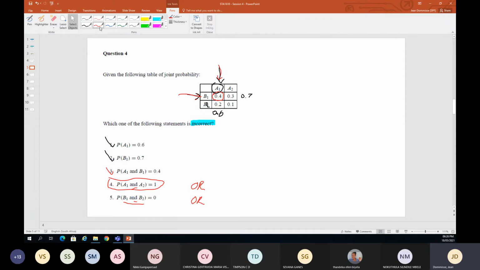So let's say that A1 and A2 is the province that you stay in, and we say A1 is Western Cape, and A2 is Gauteng, and B1 and B2 is, let's say, B1 is working and B2 is not working.